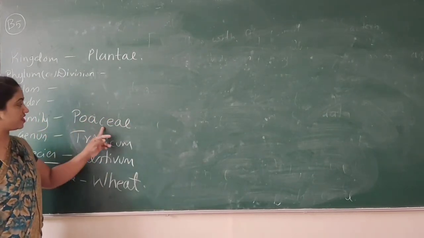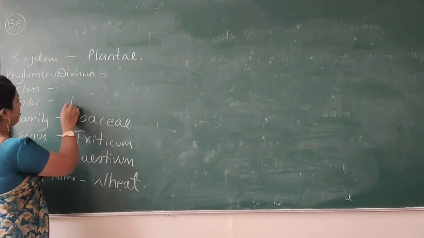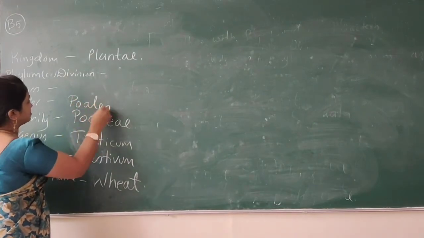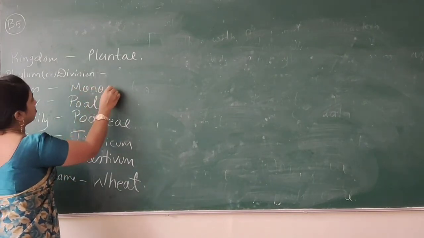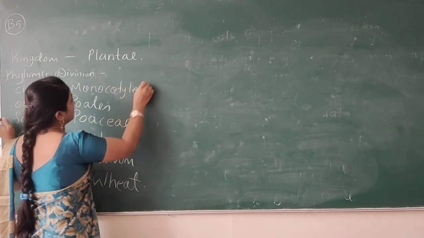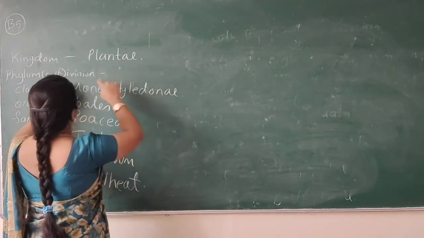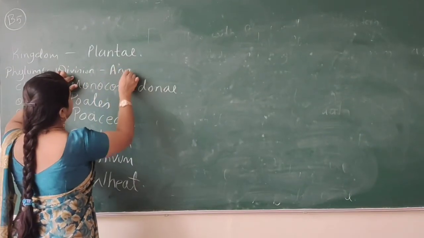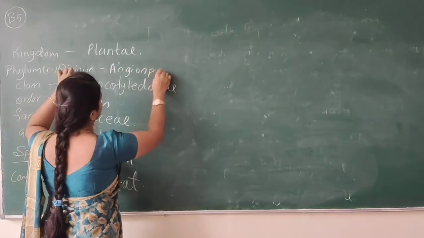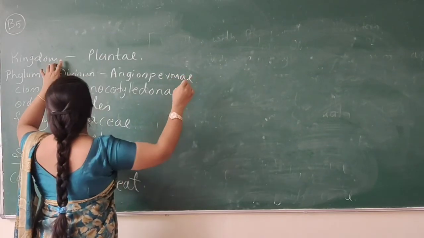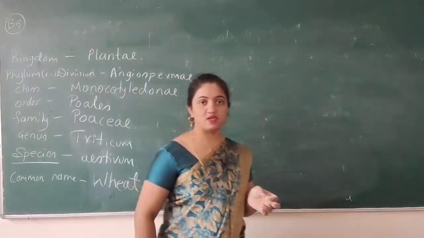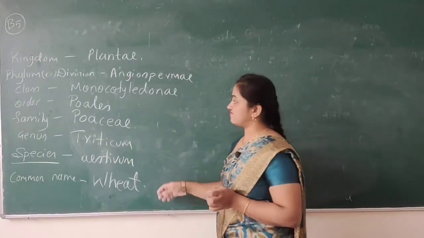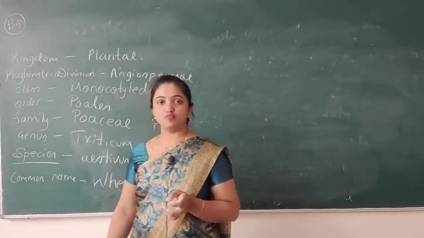Got it? Poaceae, and comes under the order Poales, class Monocotyledonae, division Angiospermae, and kingdom Plantae. Okay, so that's all about today's concept.